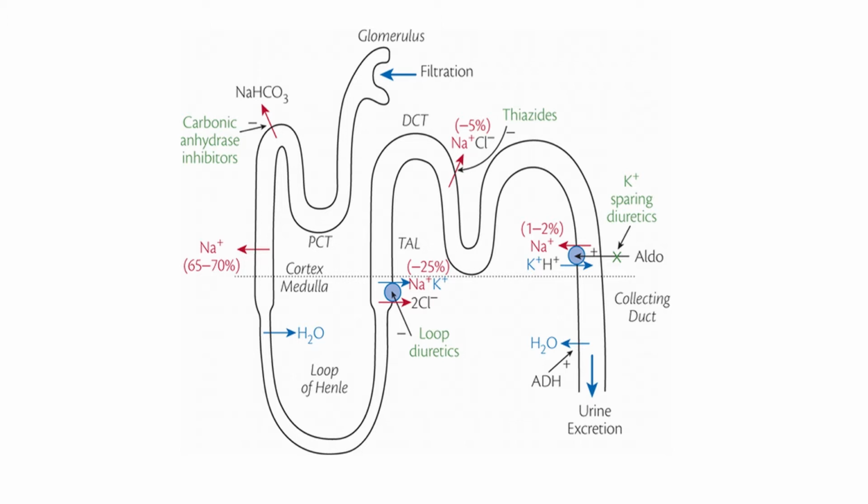One of the processes that we see used in reabsorption, aside from just simple diffusion, which is high to low concentration, is also active transport. And active transport occurs when there's ATP used to generate enough power to run a pump.